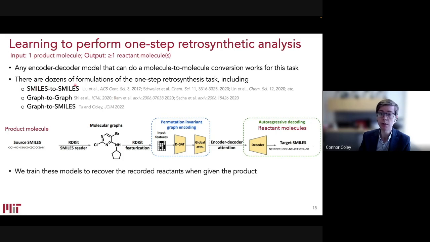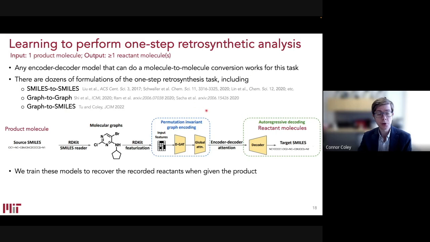And so back when people used RNNs, LSTMs, now you just throw it in a transformer to translate between a product and reactants. You can also use graph translation approaches and hybrid graph encoders and SMILES decoders to do this as well. But the idea is that we have labeled data that gives us examples of pairs of reactants and products. And so we can train models to convert from products to reactants, which is exactly this single step retrosynthetic analysis of working backwards in transformation space.